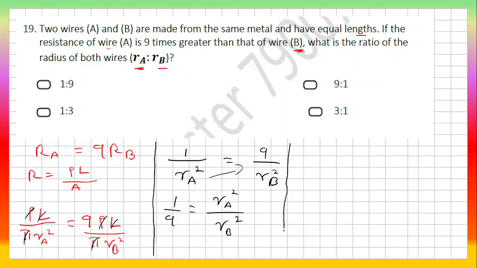Then you get the square root, so you'll end up with RA over RB is equal to, what is the square root of 1 over 9? So you end up with 1 over 3. Therefore, the ratio RA to RB is going to be equal to 1 to 3.